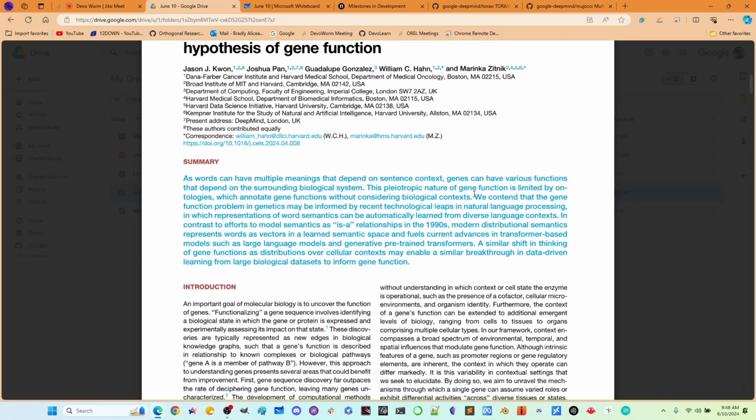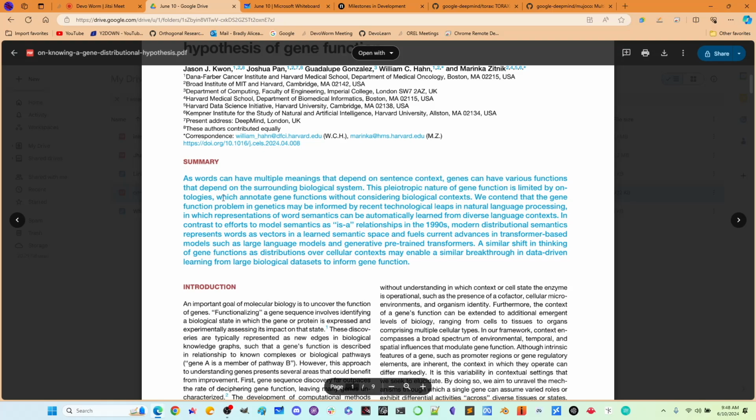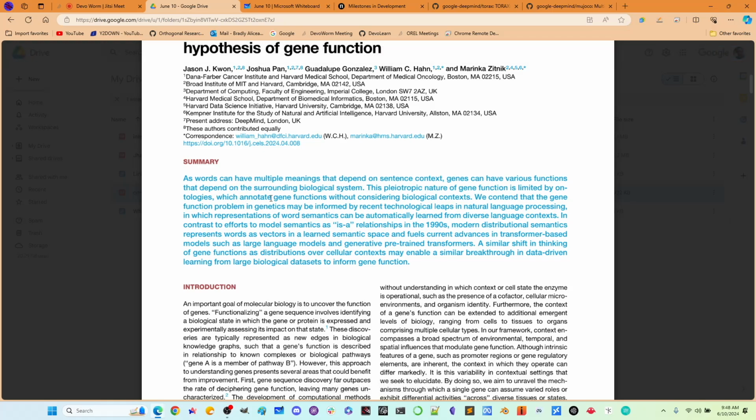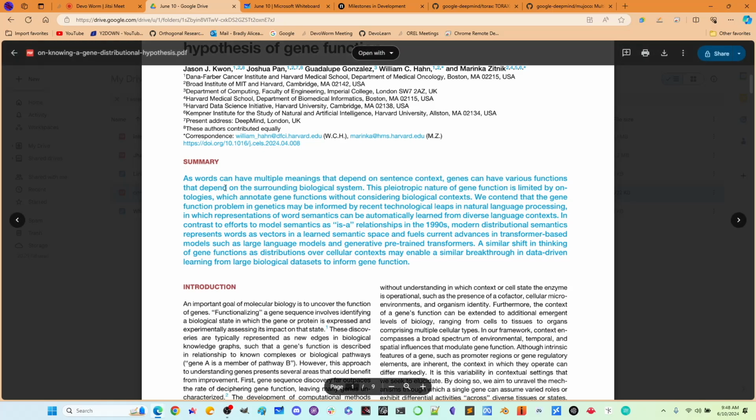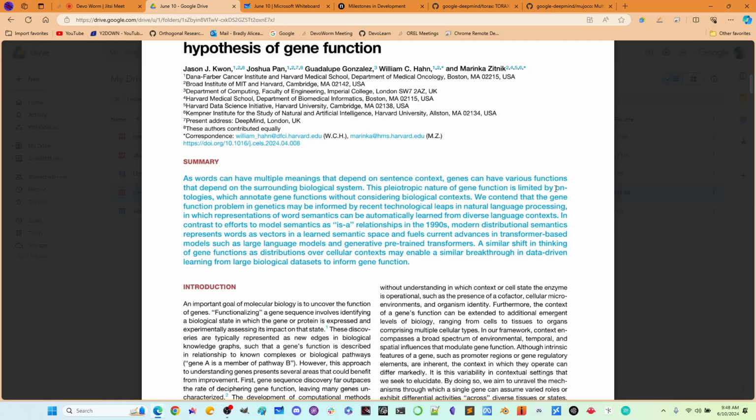This pleiotropic nature of gene function is limited by ontologies, which are annotations of gene functions without considering biological contexts. So this is based on what they call gene ontologies. In the data set that Pakhi showed, we have cells, and you'll notice that there was a column where there were a lot of words. There were sentences, and those sentences are the annotations of each cell.